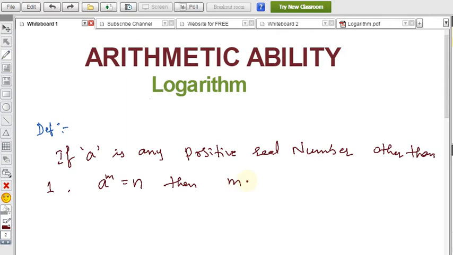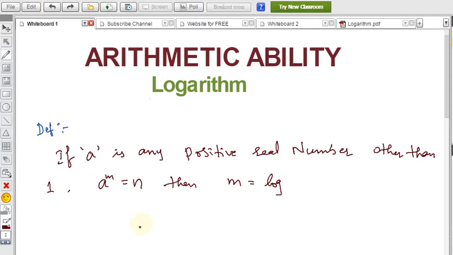Then m is equal to the log of n to the base a. So a to the power m is equal to n. For example, 2 power 3 is equal to 8.